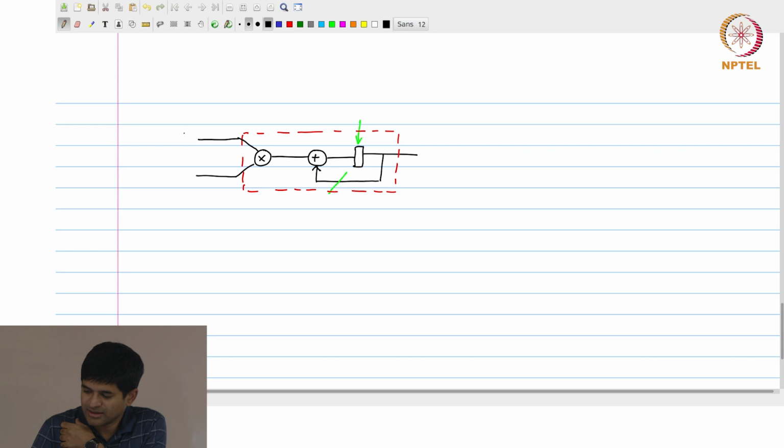What I need is, at some point in time x of n comes in, at the same time a comes in. Next time instant x of n minus 1 comes in and b comes in here. Next time instant x of n minus 2 comes in here and c comes in here.